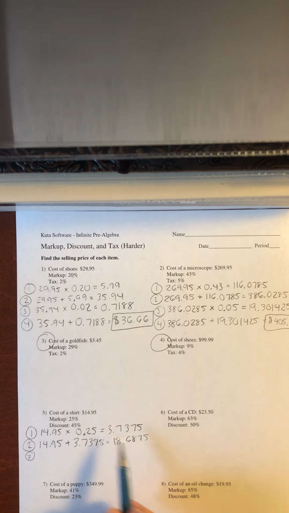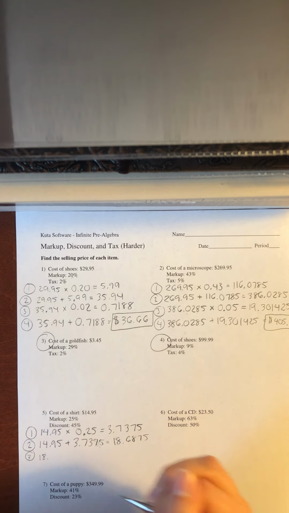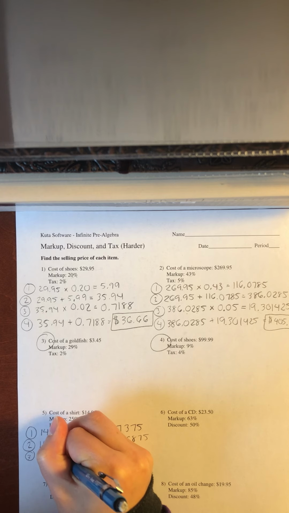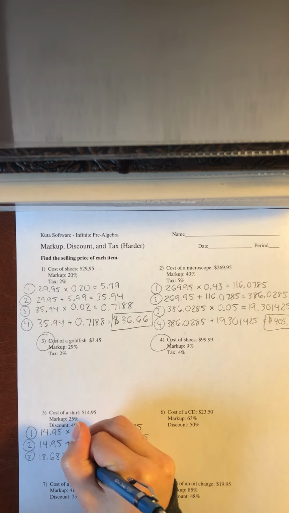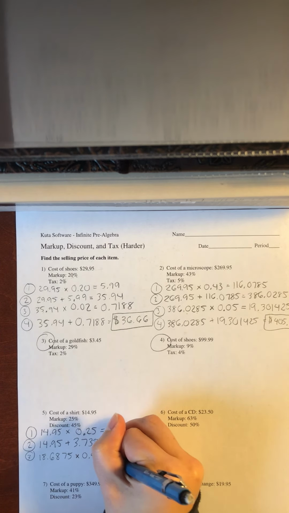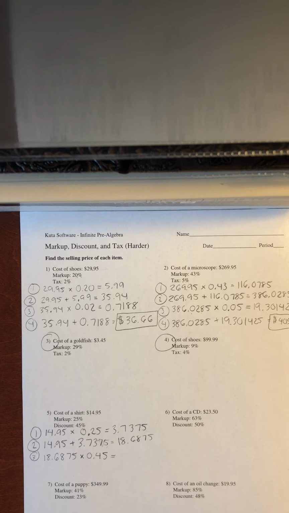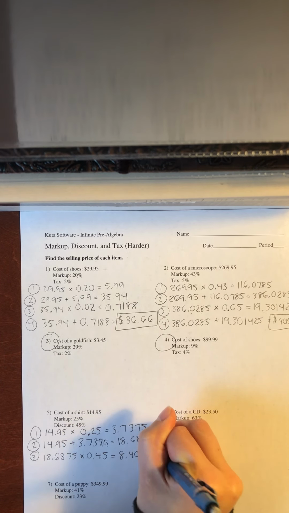Step 3, now we have a 45% discount on this. So the cost of the shirt now is 18.6875, but there's a 45% discount, so we're going to multiply by 0.45. And that's 8.409375.